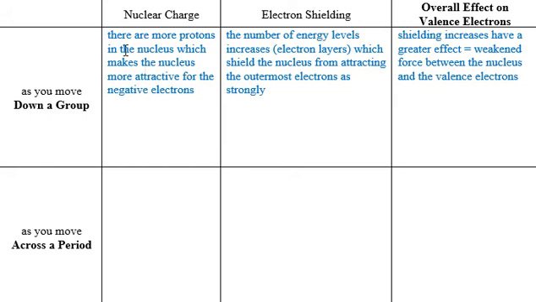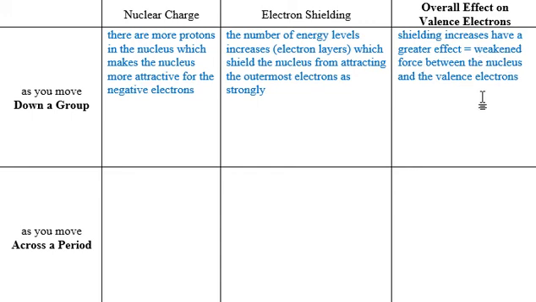Yes, we're getting more protons, which should mean more attraction to the electrons, and it is, but because there are more layers between the valence electrons and the nucleus, those are blocking that pull. So we end up with a weakened force between the nucleus and the valence electrons.